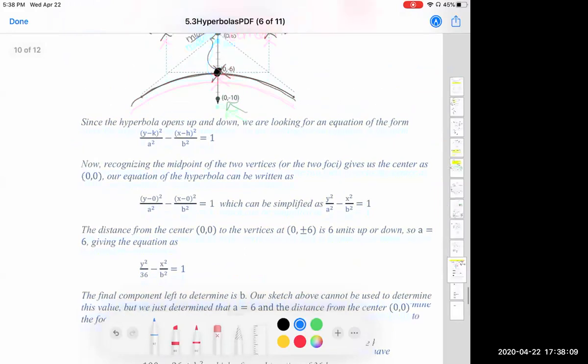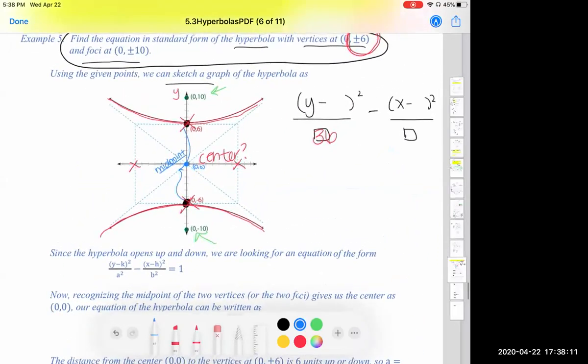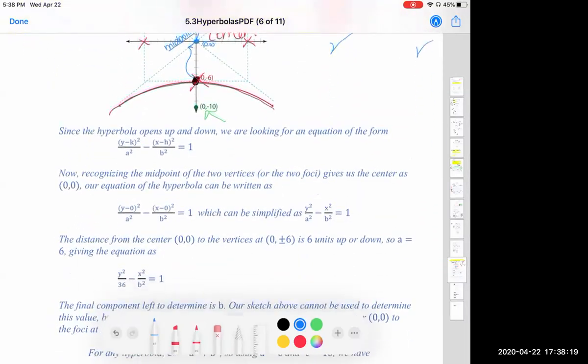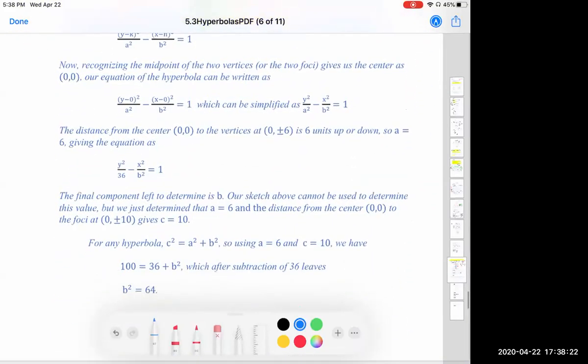Okay, so we need that last piece. Because our vertices are plus or minus 6, we said we have plus a 36 in the denominator. So what's our other number? All right. The final component left to determine is b.